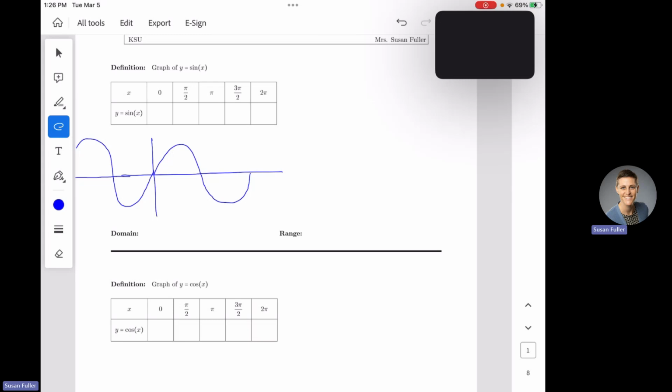Are the right side and the left side mirror images of each other? Nope, because if they were mirror images of each other, and let's say this is what the right side looks like, the left side would have to look like this. It would be a mirror image. That's not what sine looks like. So this is not a mirror image. This is not an even function.